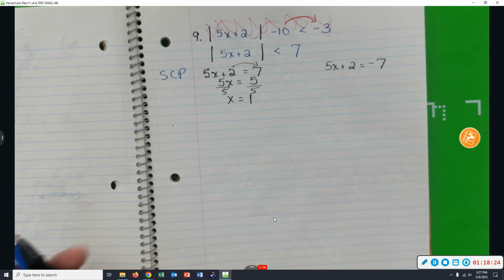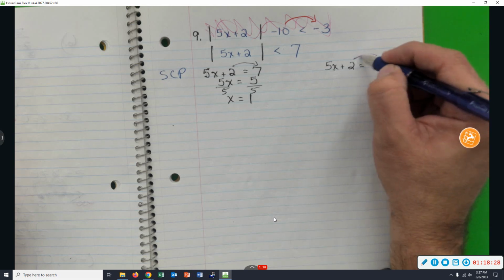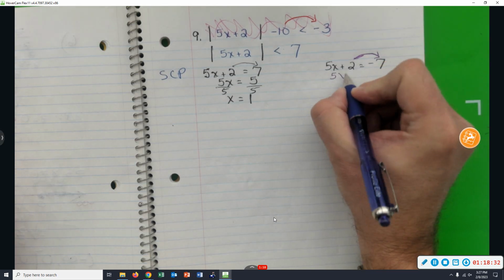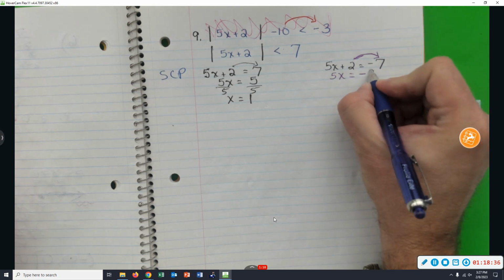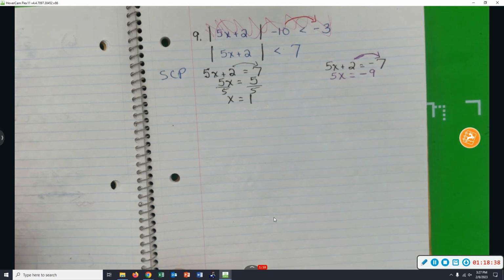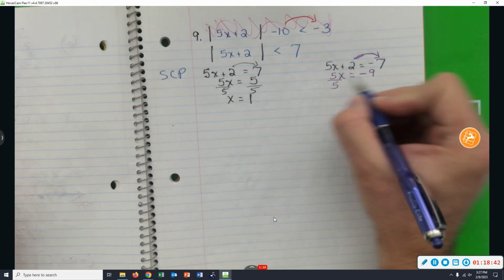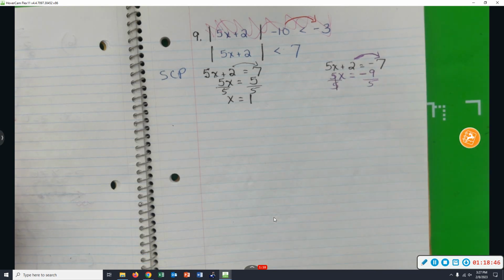Now let's come over here, subtract the 2, so we have 5x equals, is it going to be negative 9? And then divide by 5. So this cut point here is a fraction, negative 9 over 5.